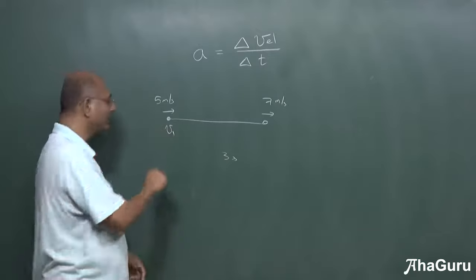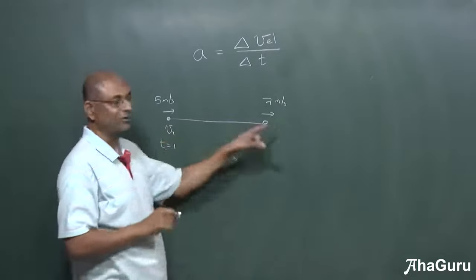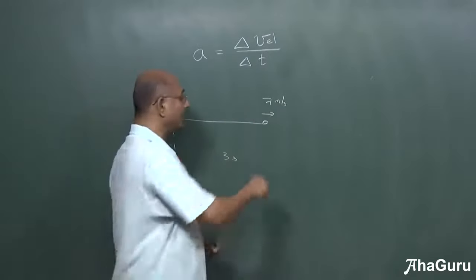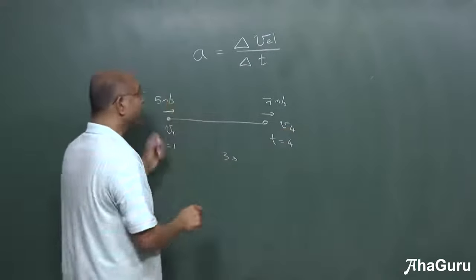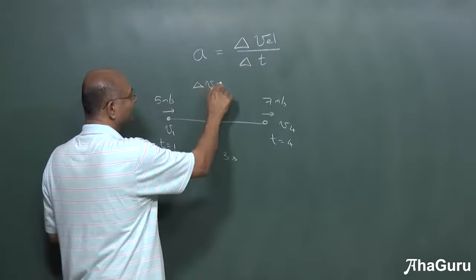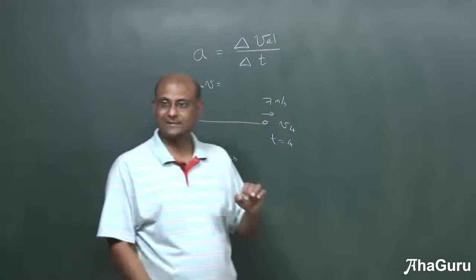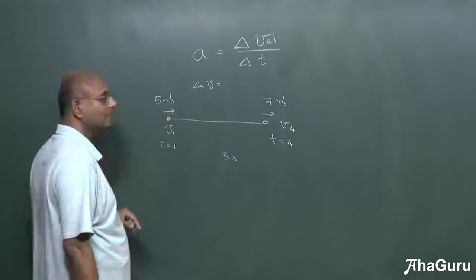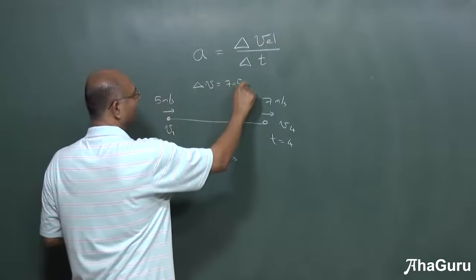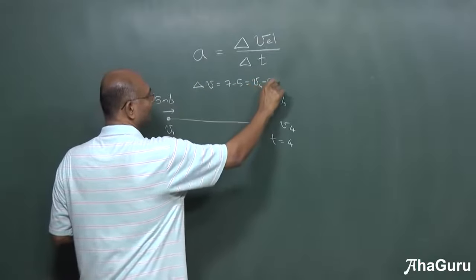What does V1 mean? T equals 1. What is that fellow? T equals 4. So this will be called V4. So what is delta V? We don't have a name like S, so we'll have to use the letters delta V. So what is delta V? 7 minus 5, or V4 minus V1.